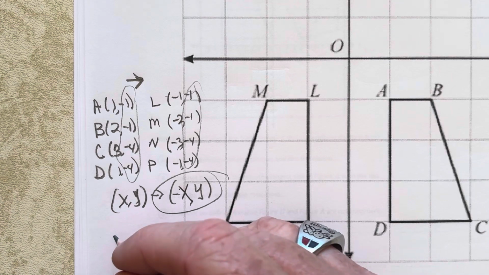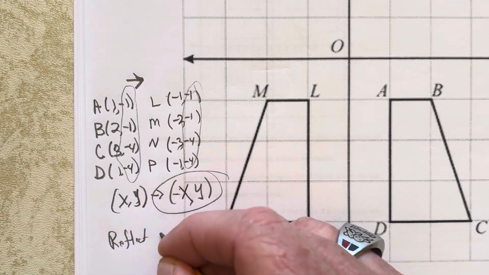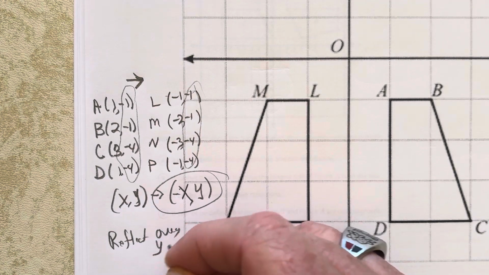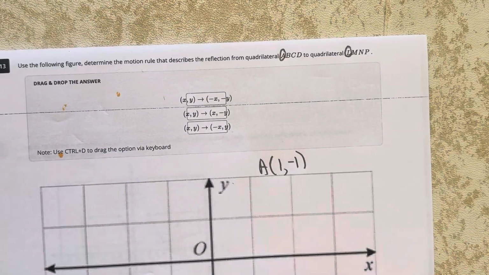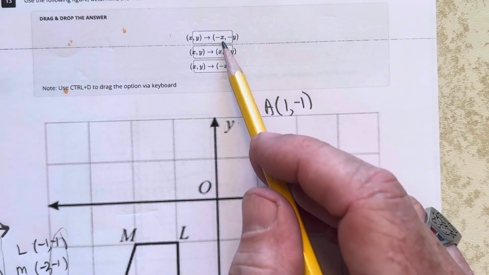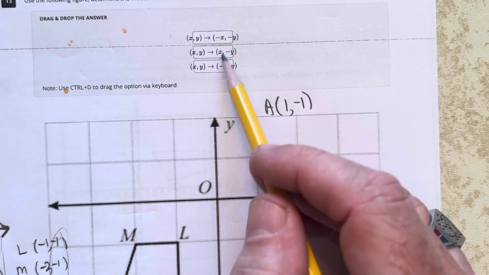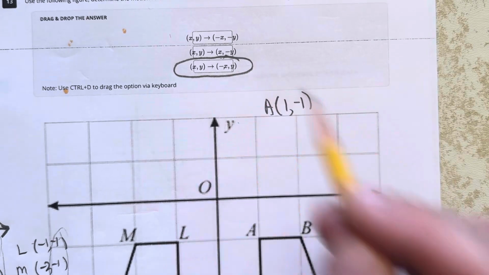That is actually reflecting over the y-axis. Now, they didn't ask us that. They asked us to pick which one of these up here it represents. And remember, we said my x changed and my y stayed the same. So this would be my answer.